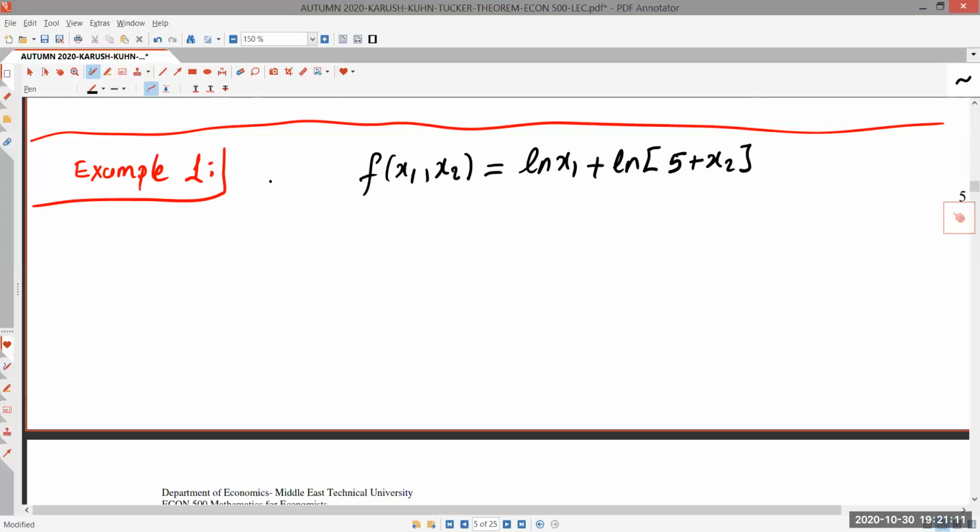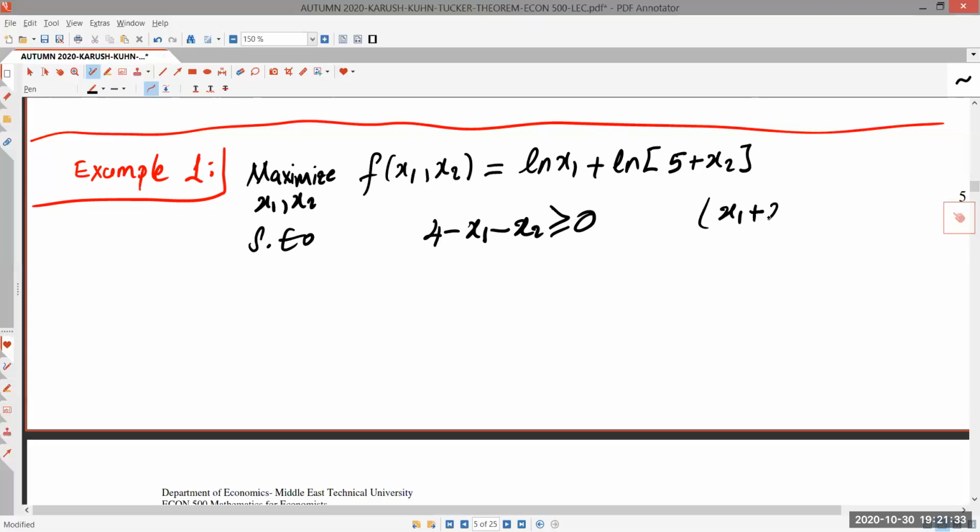We want to maximize this objective function by choosing x1 and x2 subject to the following constraint. This one is greater than 0. And then there are also non-negativity constraints. I want both x1 and x2 to be non-negative, either 0 or greater than 0.